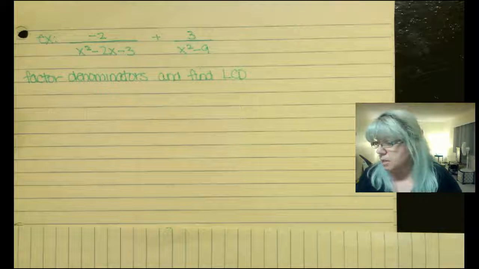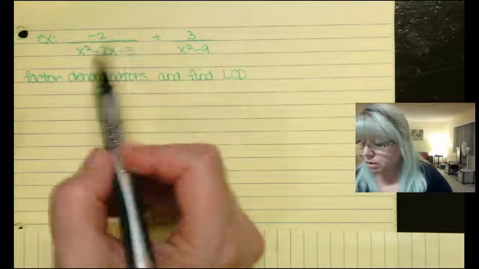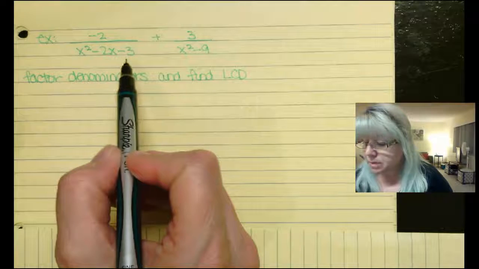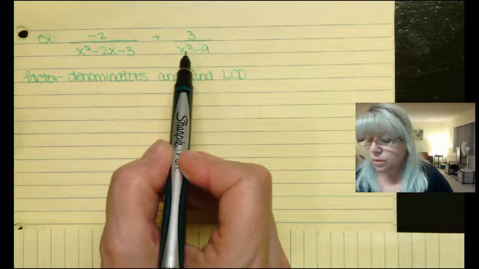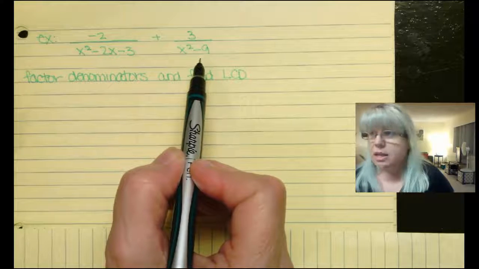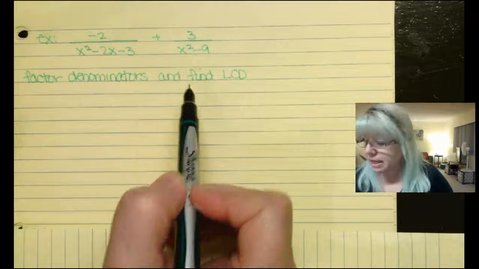Right, so let's try a little bit more complex problem. Negative 2 all over x squared minus 2x minus 3 plus 3 all over x squared minus 9. Now they don't have the same denominator, so I need to figure out what the LCD is.